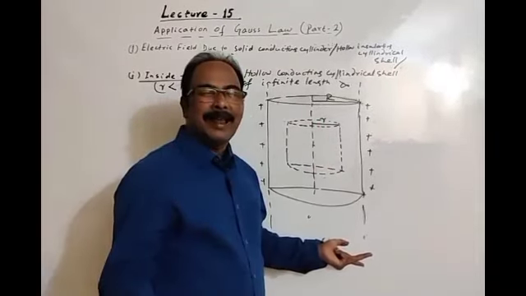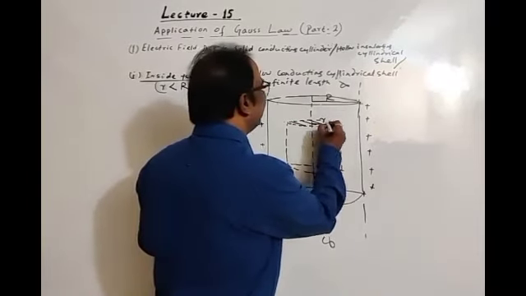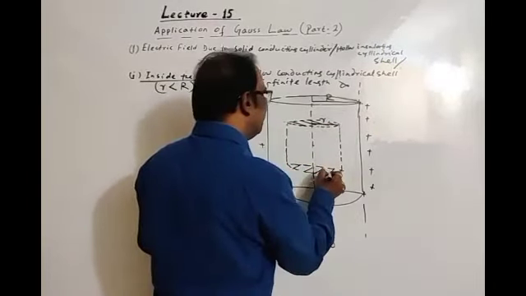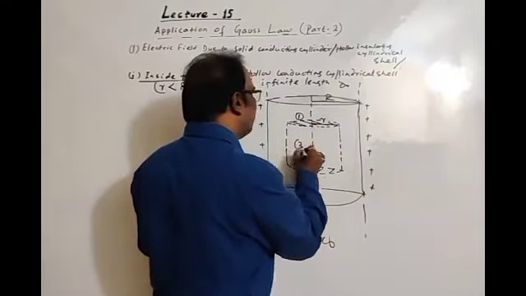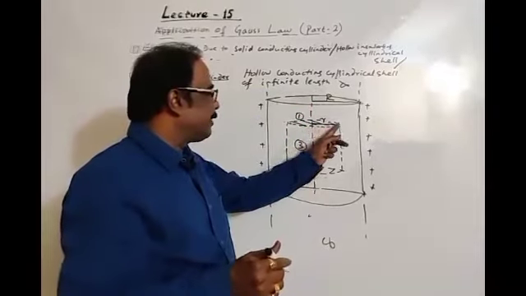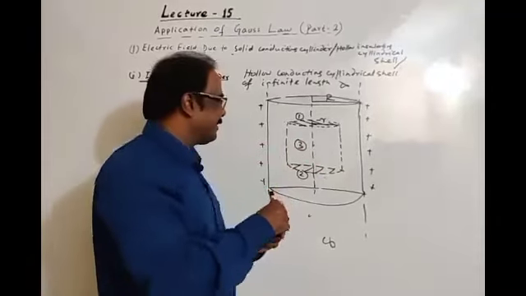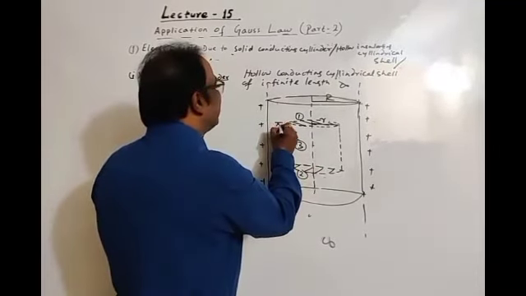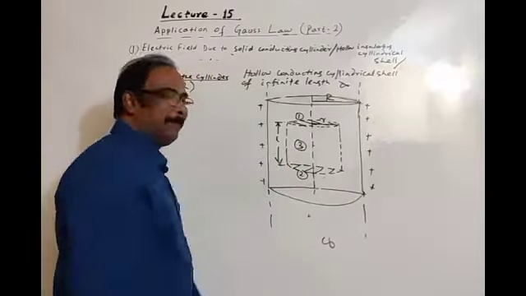Now this is surface 1, this is surface 2, and the curved surface of the cylinder of radius r is surface 3. Let the length of this imaginary Gaussian surface be L.